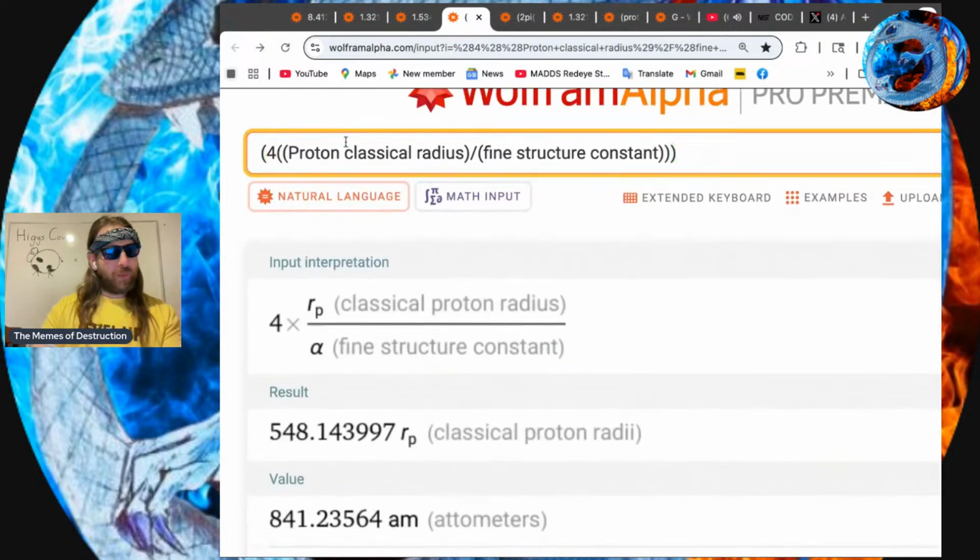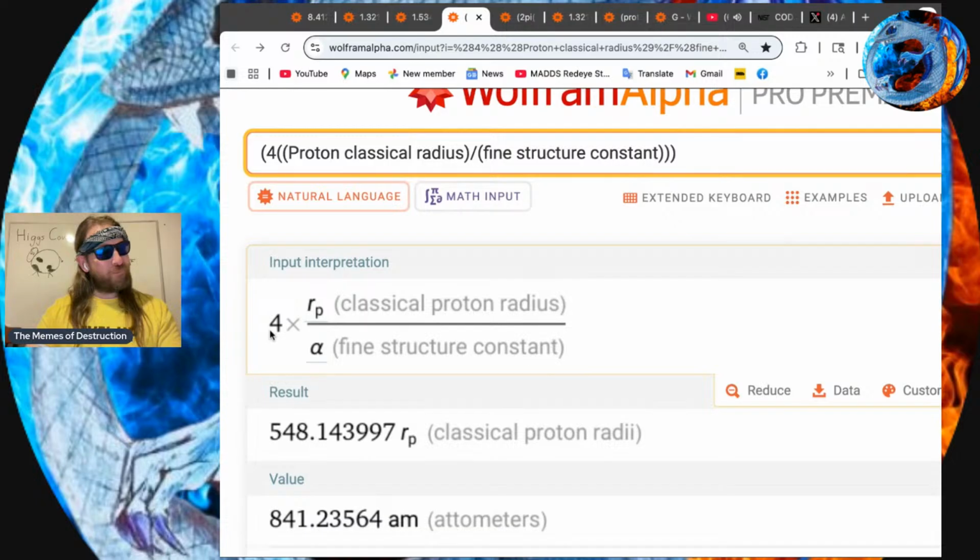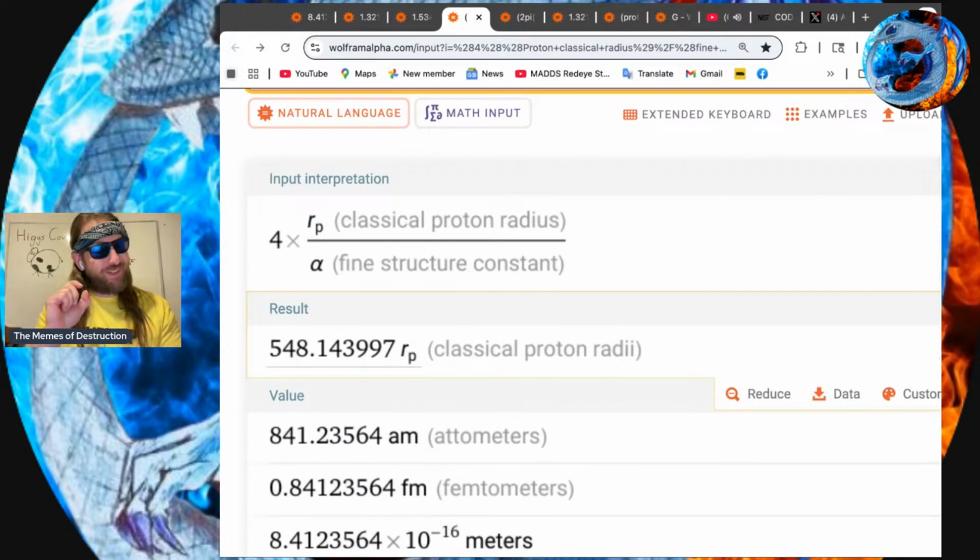Okay. So basically, we went from the proton classical radius and dividing by alpha, the fine structure constant. And for some reason, there's a factor of 4 in there. I'm just doing the simplest thing that fits for maximum precision. We may have a reason for that. I have an idea.